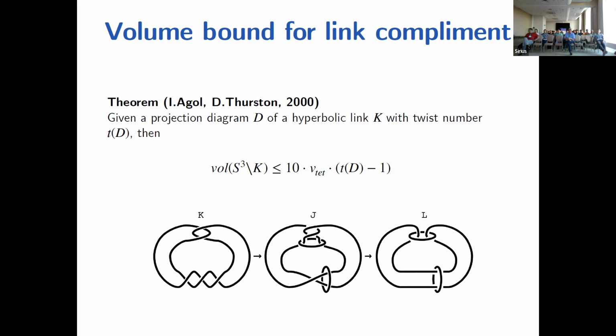It depends on whether the number of crossings was odd or even. And when we go from K to G, the volume is always increasing, because when we go from G to K, it corresponds to Dehn filling, and the volume is decreasing.